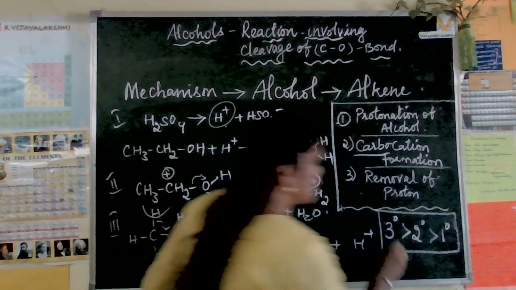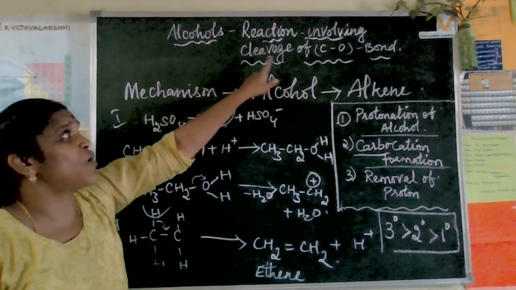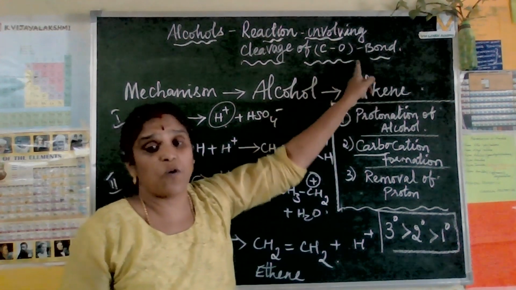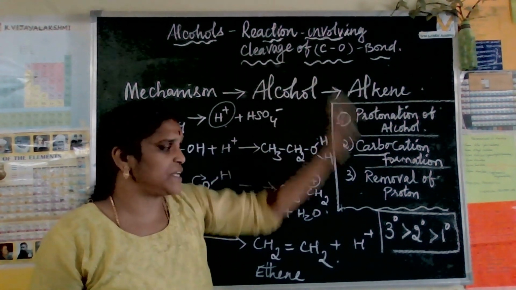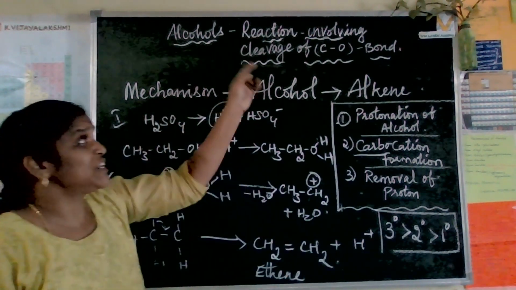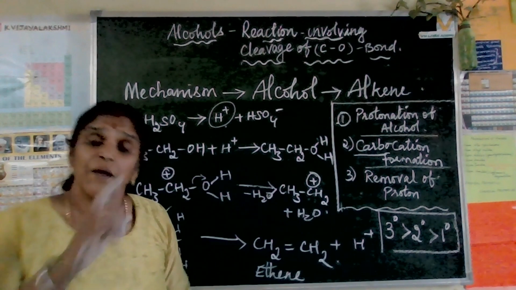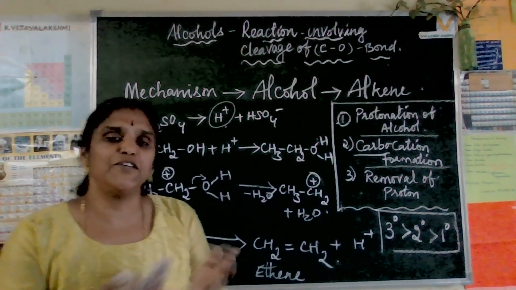How to identify? For a reaction involving cleavage of the CO bond, the order is tertiary, secondary, primary. When the reaction involves the OH bond, it is primary, secondary, tertiary. So these are the differences.